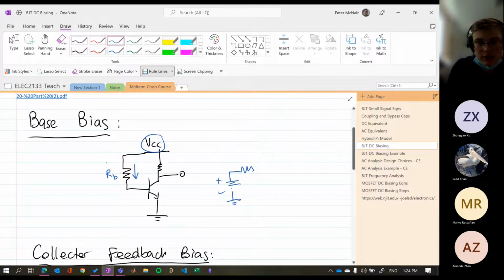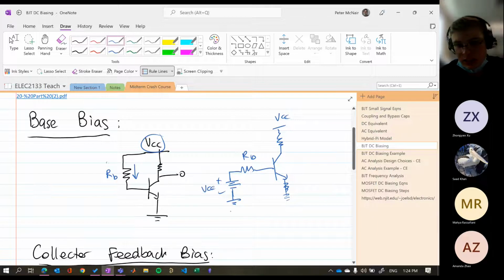Then your R base hooks straight up into your base, and then that might be grounded, there might be a resistor there, and this goes up to your VCC. This could be VCC, it could be less, it could be more. This is one of the simpler ones to analyze because you can assume V_BE to be 0.7 volts and then just calculate the current, IB.